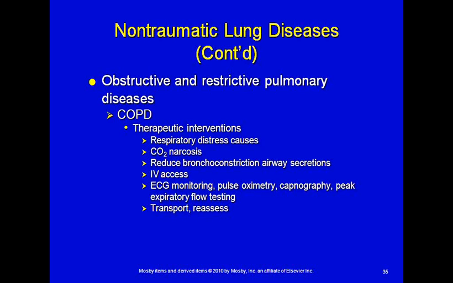The other thing to keep in mind about COPD is that chronic retention of CO2 causes CO2 narcosis in the respiratory center in the brain. And as a result of that, COPD patients don't breathe off their CO2 drive.